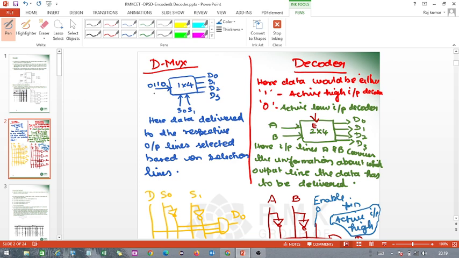I have taken a 1 cross 4 demultiplexer: one input line and 4 output lines. With 4 output lines, obviously there are n selection lines, where 2 to the power of n equals the outputs, so 2 selection lines.